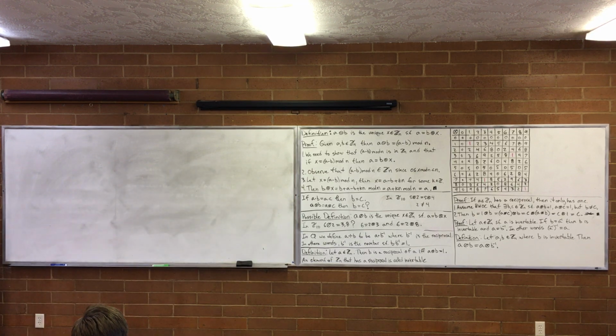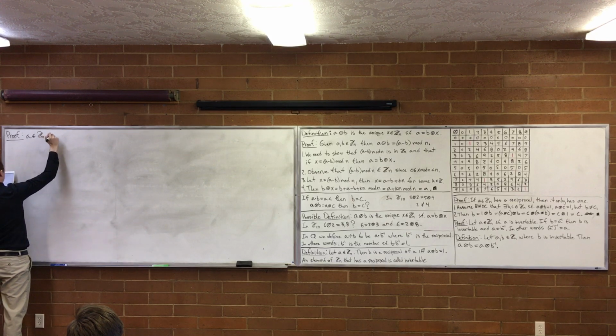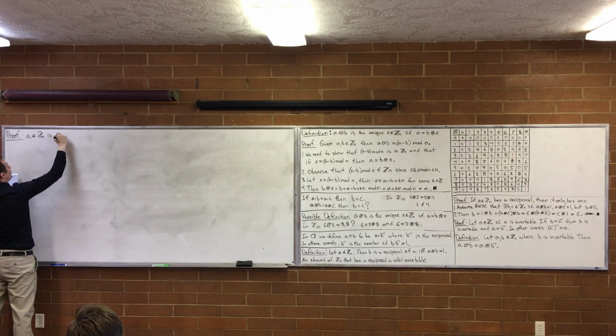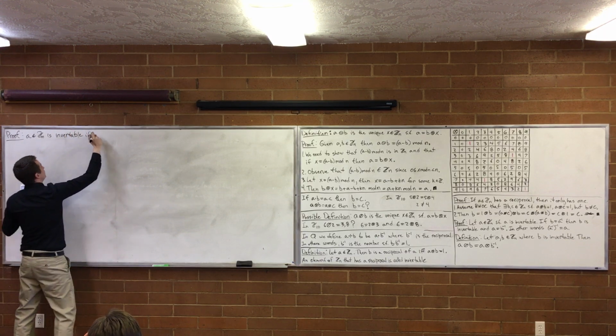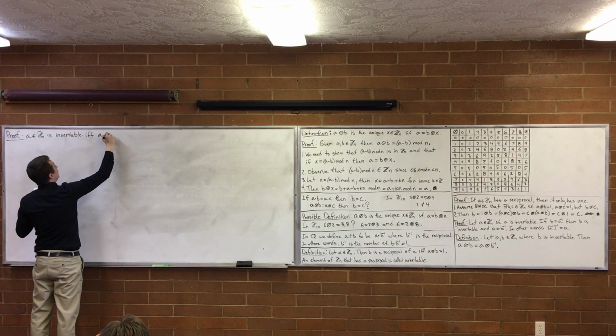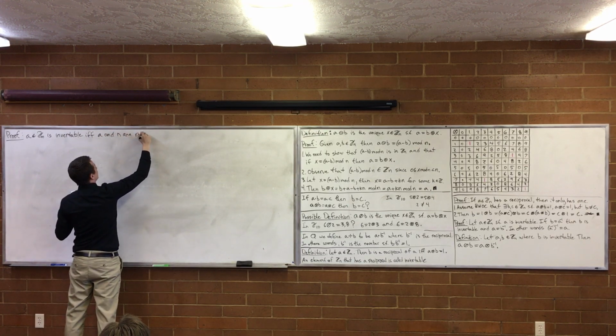So let's write it out. A in Zn is invertible if and only if A and n are relatively prime.